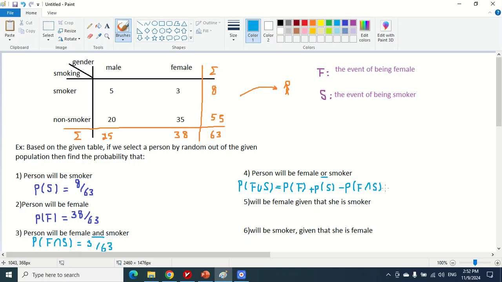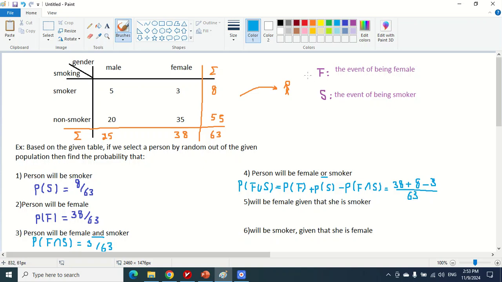And over here, if you take a look at the values that we had in parts 1, 2 and 3, we have those values. So the probability of being female was 38 over 63, plus the probability of being a smoker was 8 over 63, and we should subtract their intersection, which is 3, and the result should be divided by 63, of course, and we will find the value.